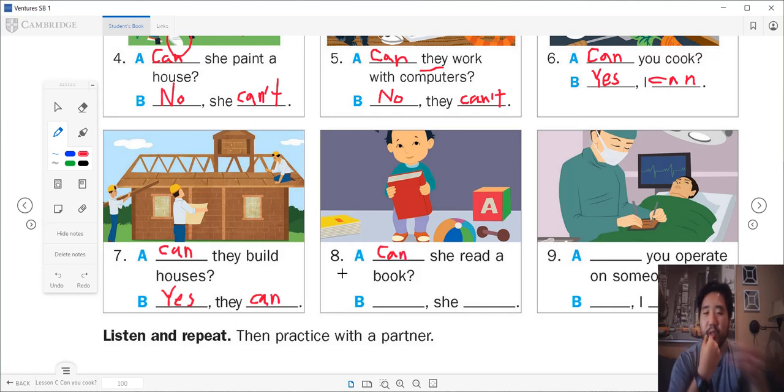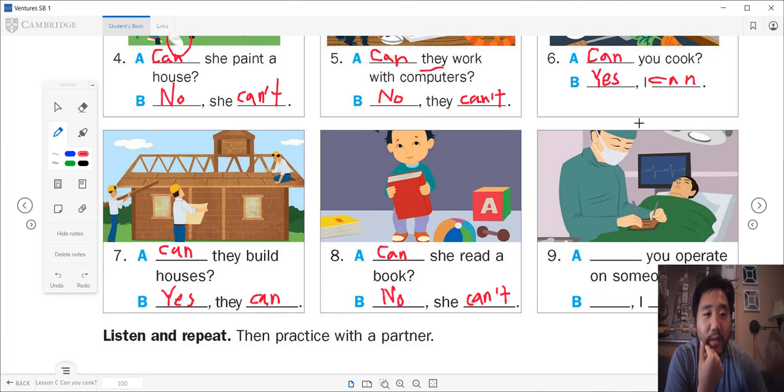Usually a baby shouldn't be able to read a book, so we're going to say no, she can't. But I mean, there are very smart babies in the world. So this is not always true, but it's usually the case. If it's a baby, they have a really hard time reading a book, right?